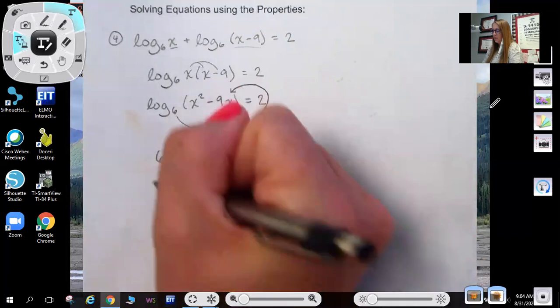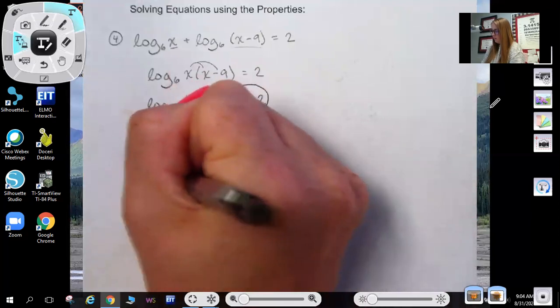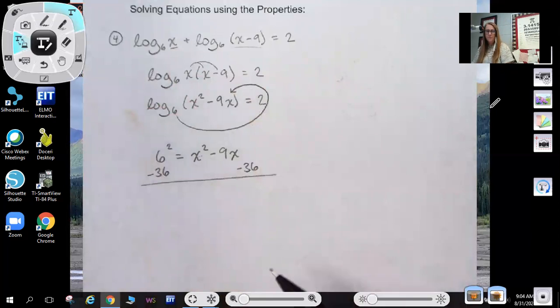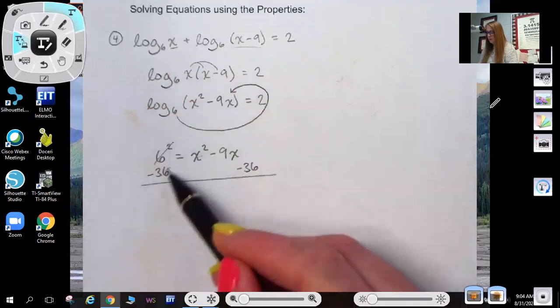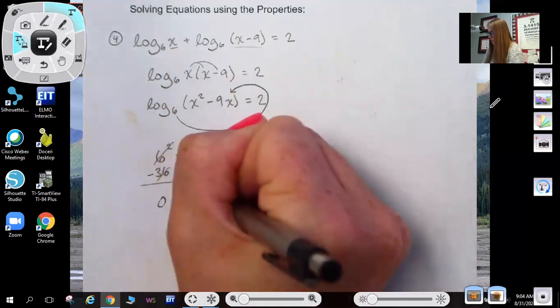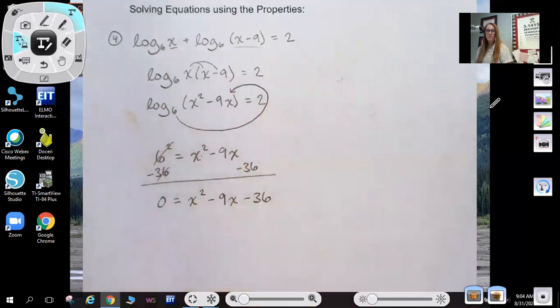I'm going to go ahead and call 6 squared 36, if everyone's okay with that. So I'm going to subtract 36 from both sides, so that I have 0 equals x squared minus 9x minus 36.